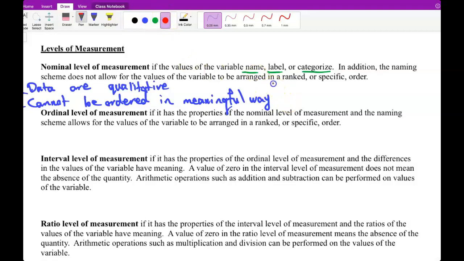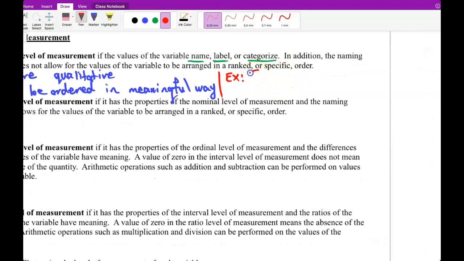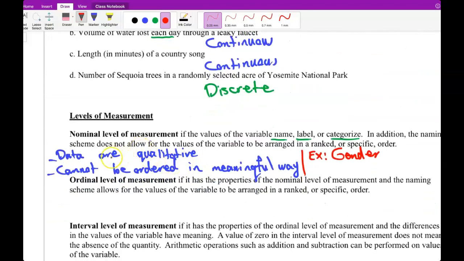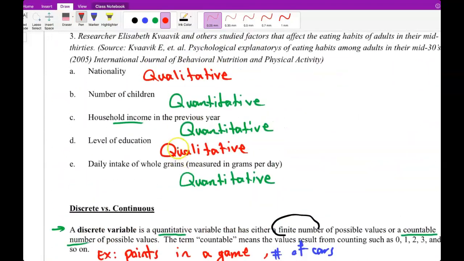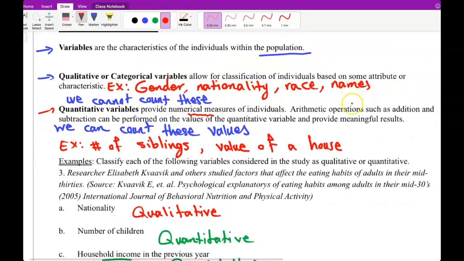Okay, example. Here again I have gender. Remember, since I said this is qualitative, on top for qualitative I use gender, nationality, race, names.